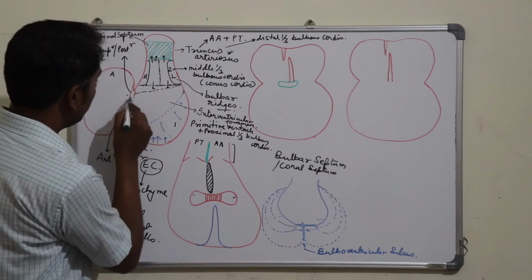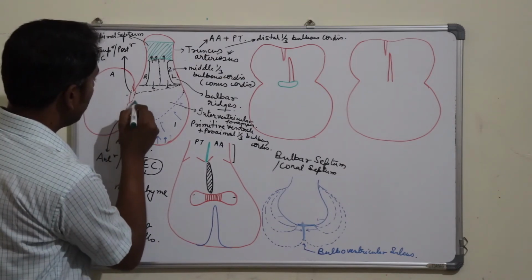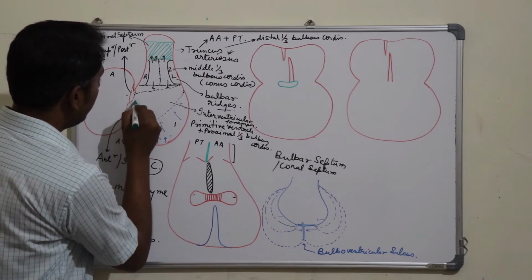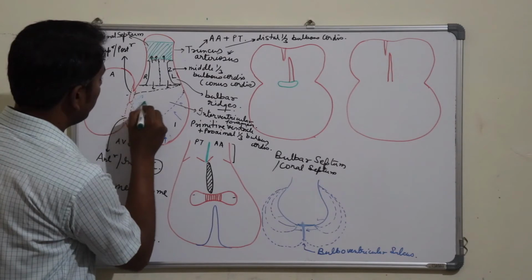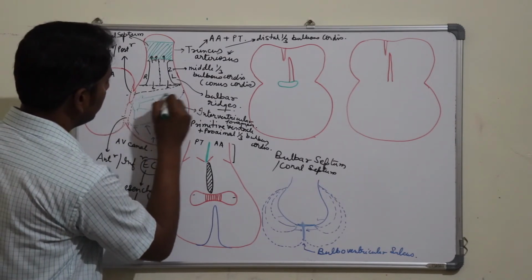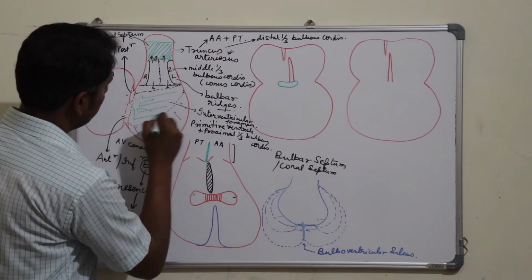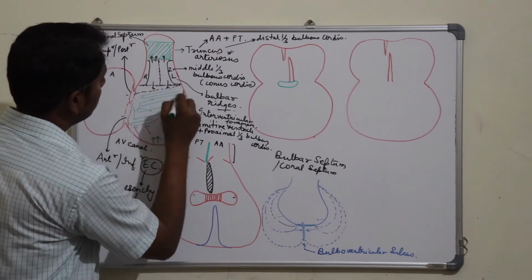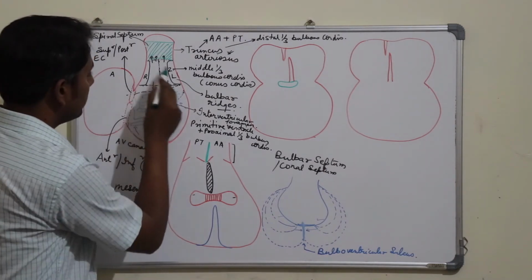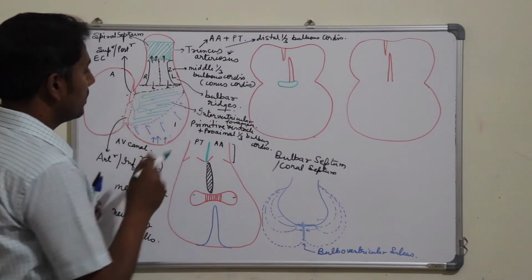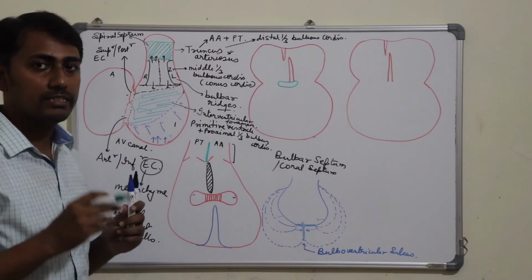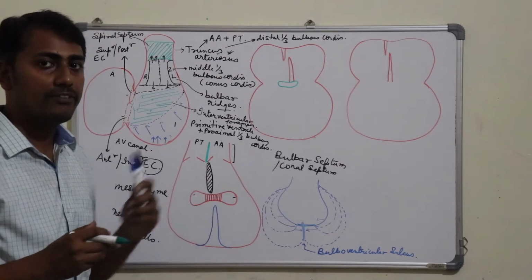So these endocardial cushions will continue to proliferate and fill this gap. In this way, the ventricular chamber is now completely divided into two chambers, the right ventricle and the left ventricle.